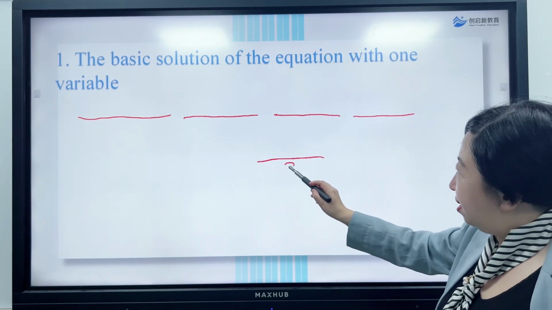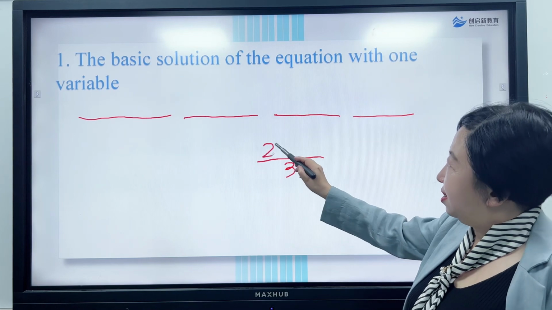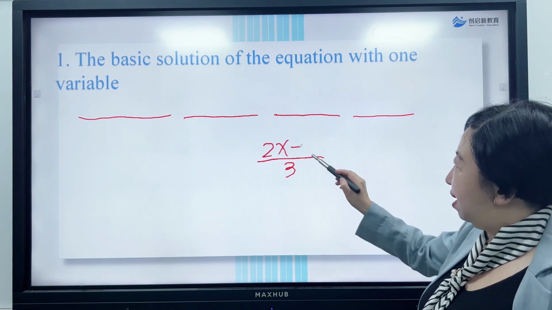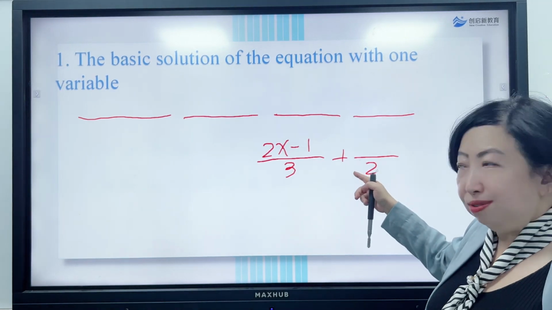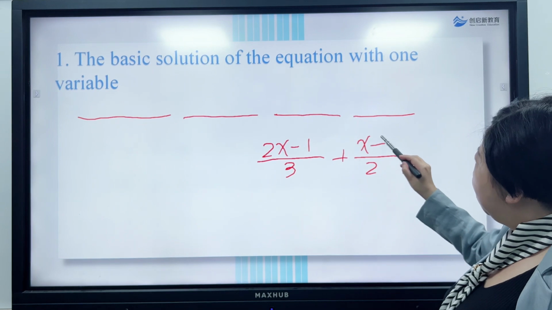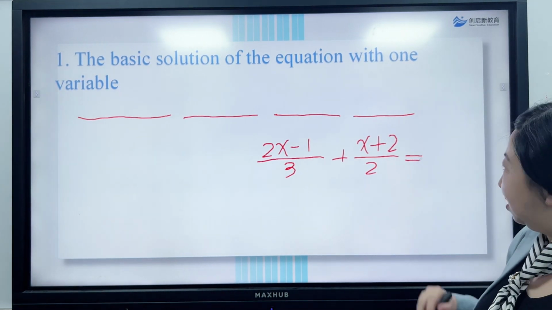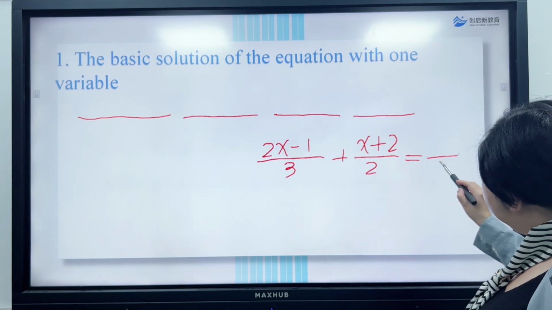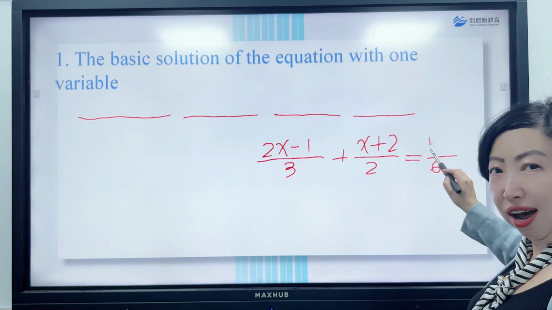For example, the denominator is 3 in (2x minus 1) over 3, plus the denominator 2 in (x plus 2) over 2, equals 1 over 6.